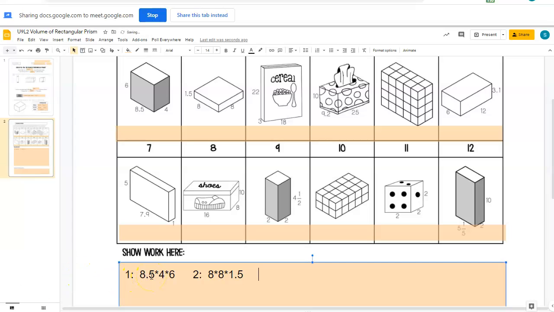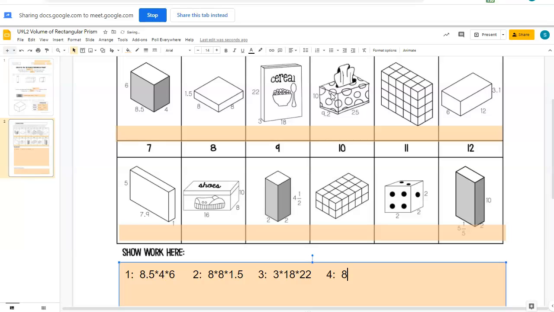For number 3, and that's this one here, the cereal box, well, our base is 3 times 18, and then times 22.